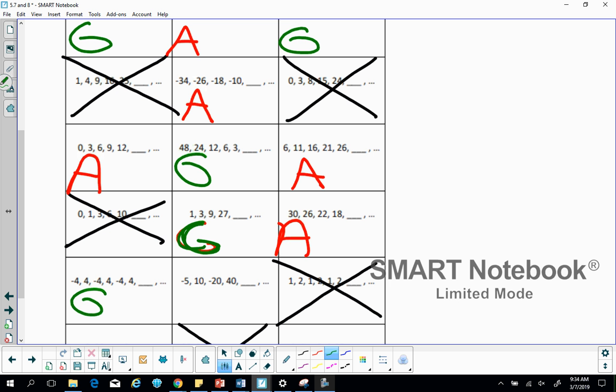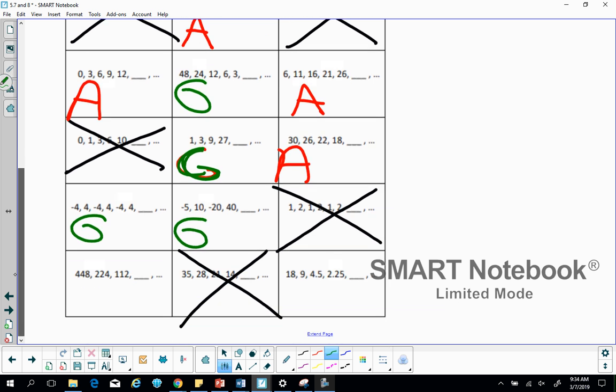Not A. G. It's G. You know it's G too, if it's going from a negative to a positive to a negative to a positive, it's usually something being multiplied. Tristan, what's the next one? Not A. So it's going to be G. We're going to be multiplying. And then Yaslin, last one. G.